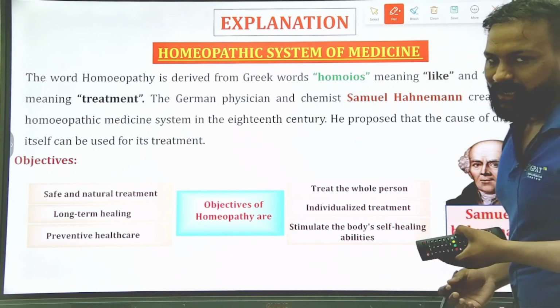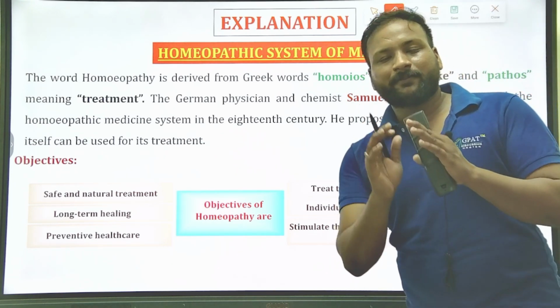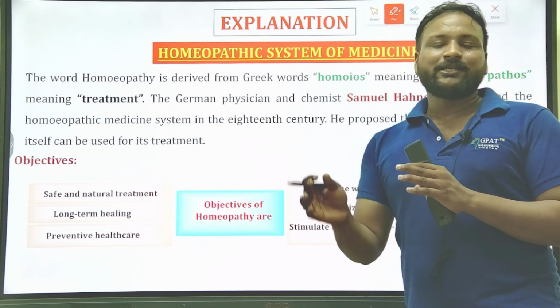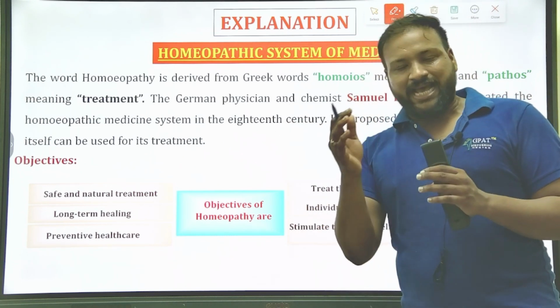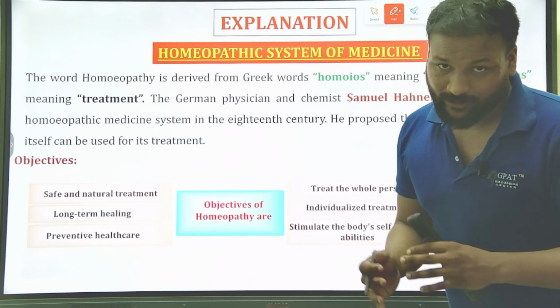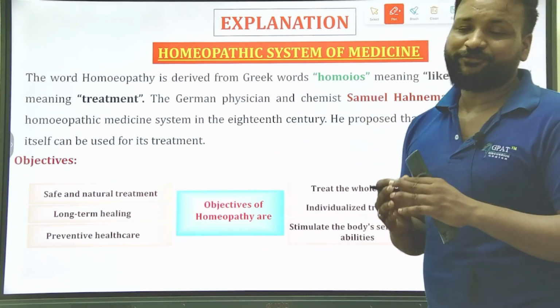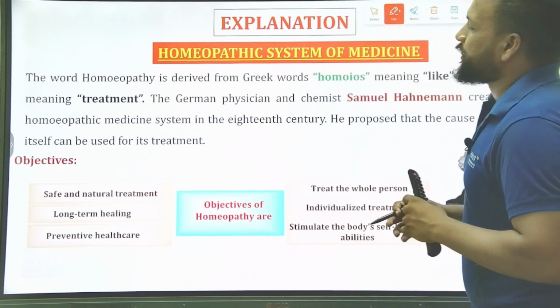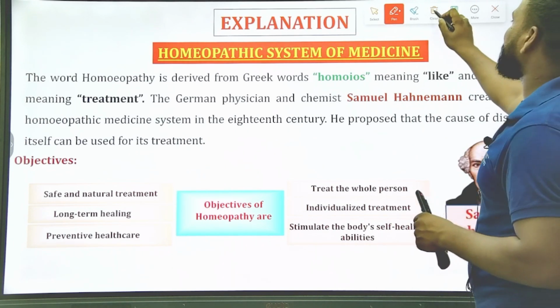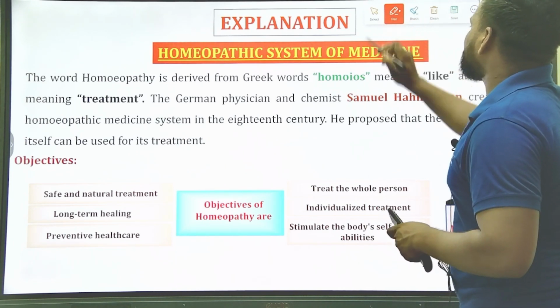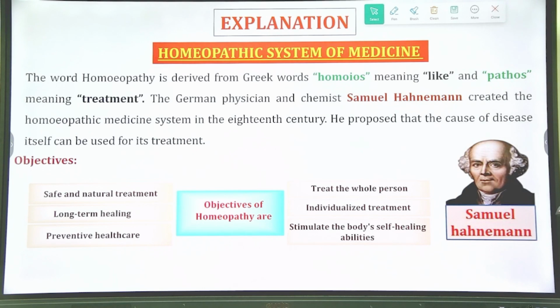All these were proposed by one person, Samuel Hahnemann. Because of his enormous contribution, he became the father of homeopathy. Let us move to the next question. I hope it's clear.